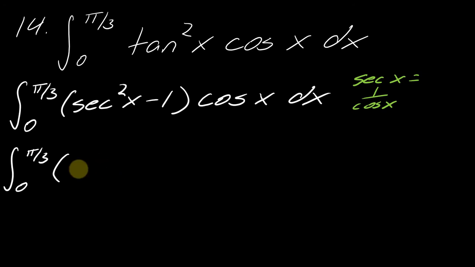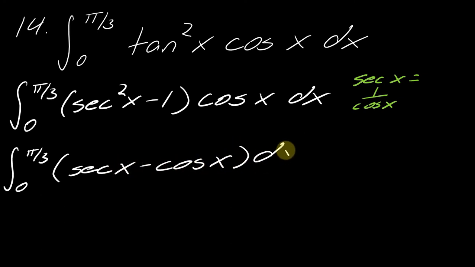This would be then just secant x minus cosine x dx. So make sure you agree with that. So secant squared x is really 1 over cosine squared x. So if I multiply that by cosine, one of those cosines will drop out. So then I'm just left with secant x, okay? So here's the deal.